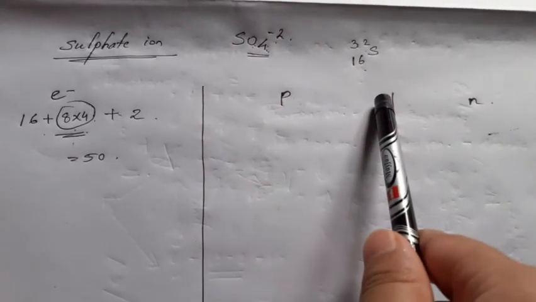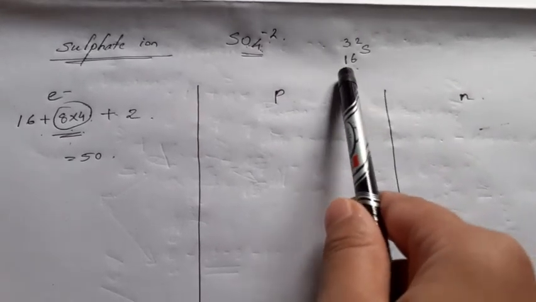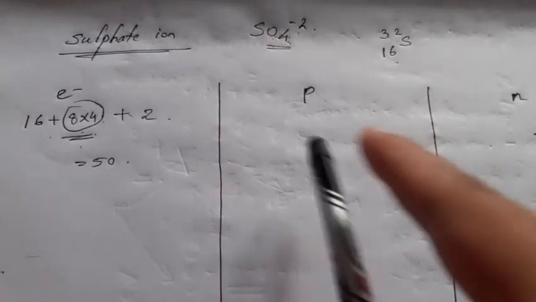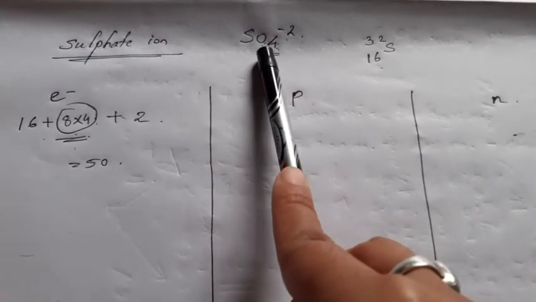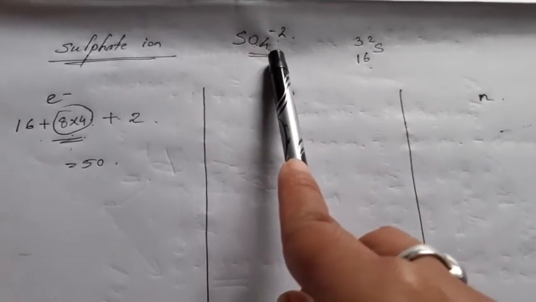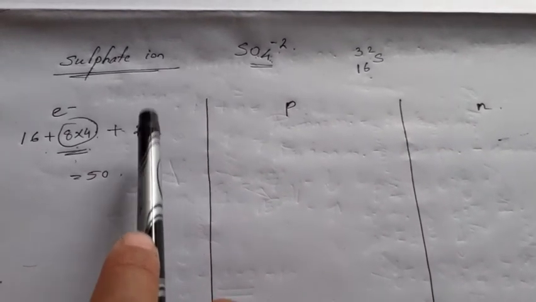I will again clear the points on how we calculate the number of electrons. We simply write the atomic number of sulfur plus oxygen's atomic number into 4, as there were 4 atoms of oxygen, plus 2. Why have we written plus 2?